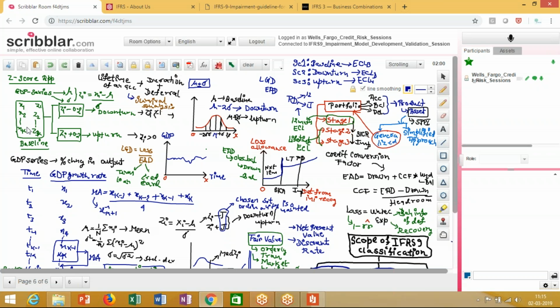Then I'll go and compute the ECL for them separately. So that's the classification part that I'm talking about right now. The time series and all will come at the point when you're computing the impairment.